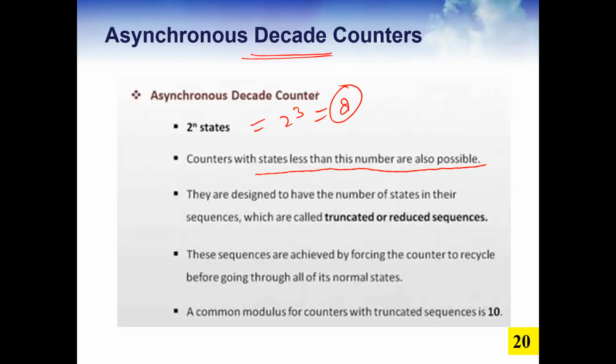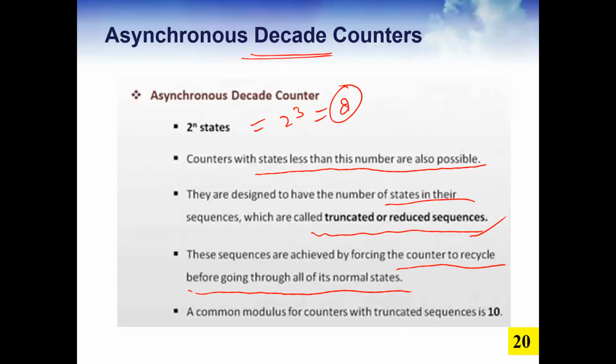They are designed to have a number of states in their sequence which are called truncated sequences. These sequences are achieved by forcing the counter to recycle before going through all the normal states. So we need to forcefully reset the counter before reaching its last count, the maximum or minimum count.